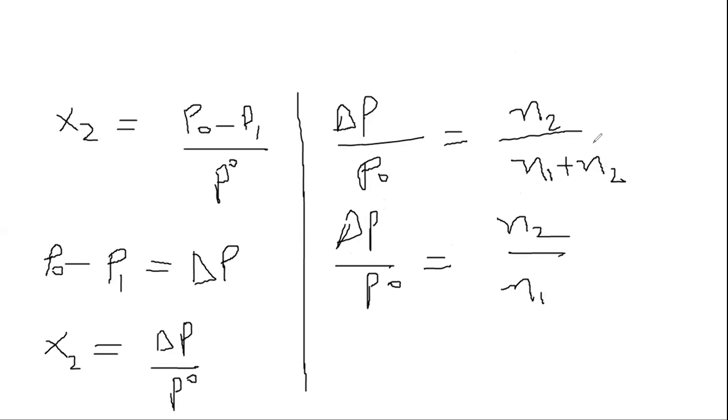Again, I am further expanding the number of moles of the solute. Moles are the given mass divided by molecular mass. So given mass of the solute divided by molecular mass of the solute, and this is the given mass of the solvent divided by the molecular mass of the solvent. So I'm going to further expand this equation by writing it like this.